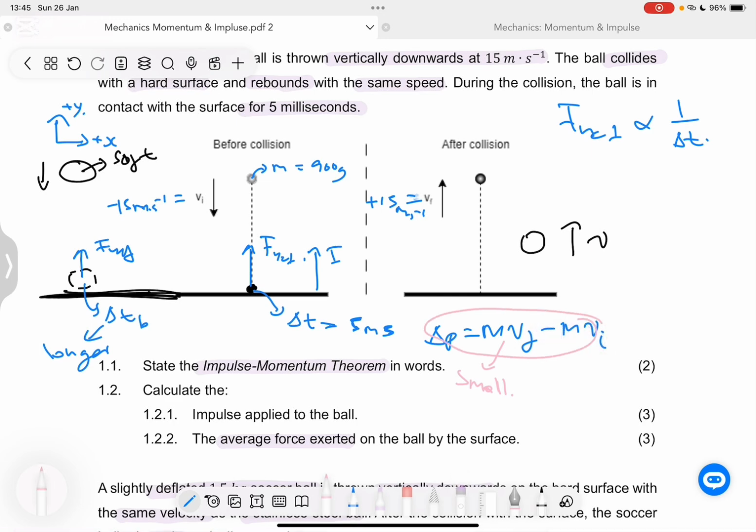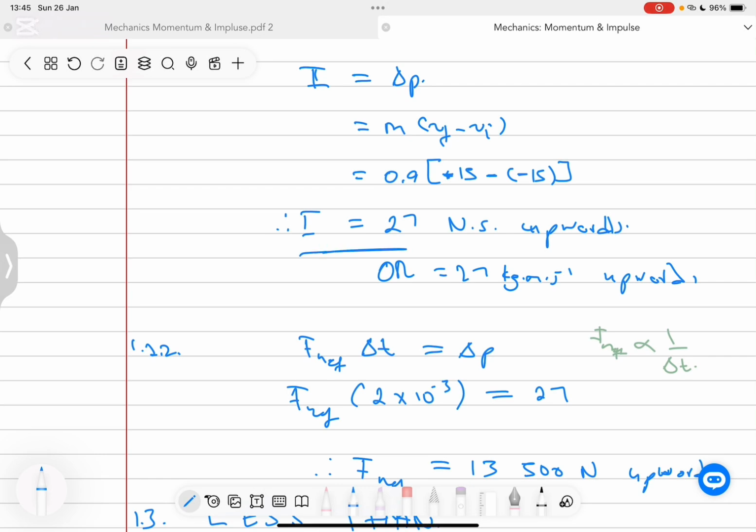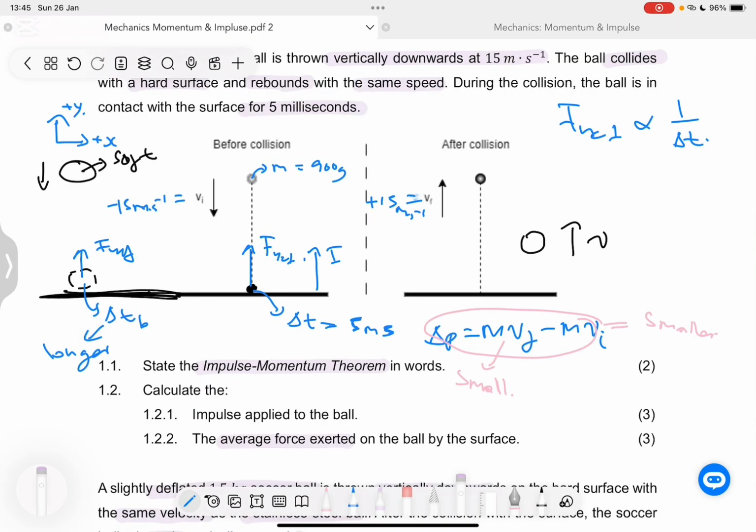This makes the whole change in momentum smaller. So the 27 that I get here will be bigger than this one. This is to say that the change in momentum of the soccer ball is smaller than the change in momentum of the stainless steel ball.